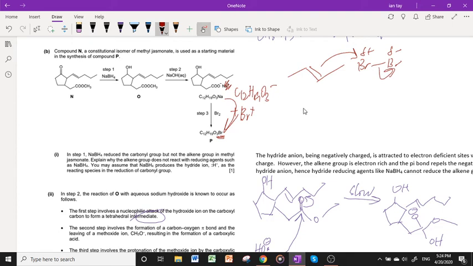Then after that, nothing seems to happen. But actually, if you analyze the reaction in a stepwise fashion, you'll soon discover what will happen. Having a lack of space here.